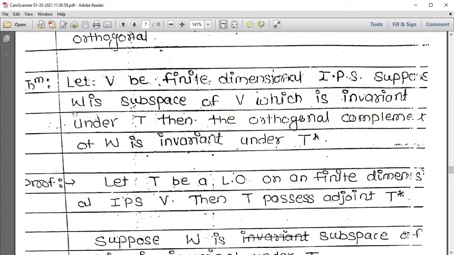Here, given W is invariant under T, which is a subspace of V. Then the orthogonal complement of W, that is W perp, is invariant under T star. So taking T of W is contained in W, we have to show T star of W perp is contained in W perp.